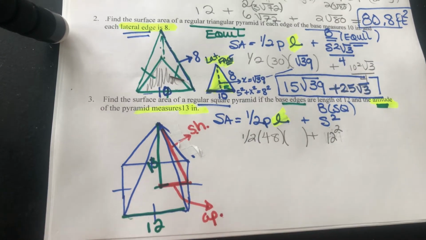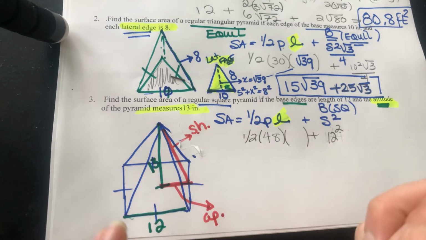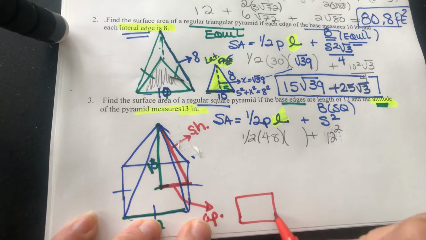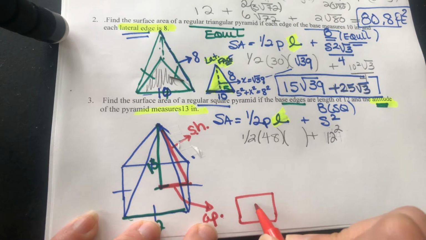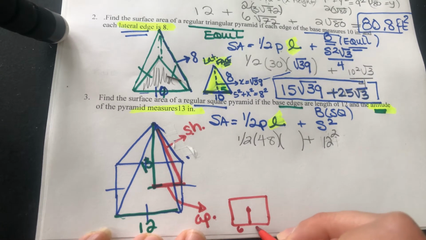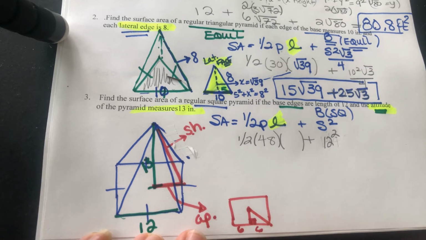All I did was draw this, which hopefully you remember is your apothem. So here, ready? I'm going to draw your square. If the side is 12, I'm going to find your apothem. If the side is 12, each of these is 6. Here is my 90, okay?